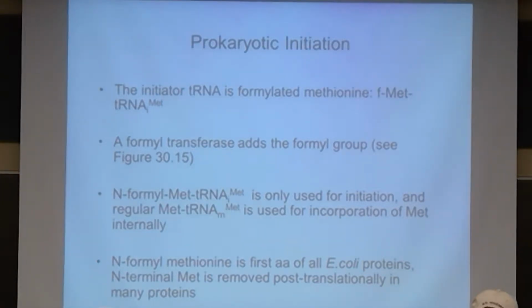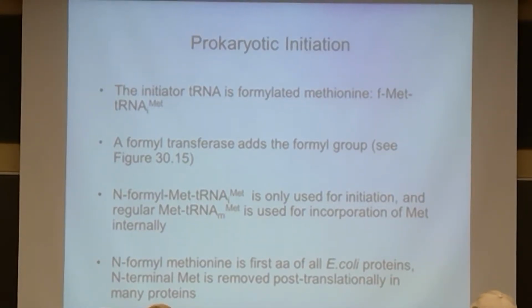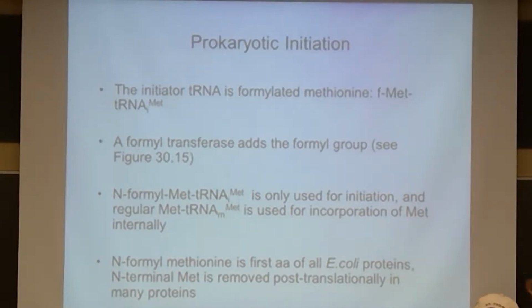Now we want to talk a little bit about initiation. The initiator tRNA, the point which I made, that if there is other methionine inside the protein, how does the cell distinguish between the first methionine versus the internal methionine, correct? So the way it does that, the initiator tRNA methionine group is formylated.